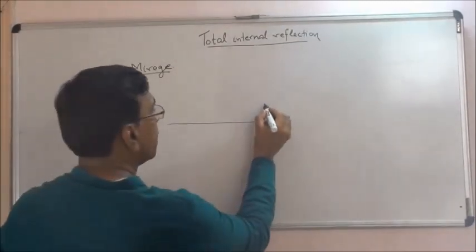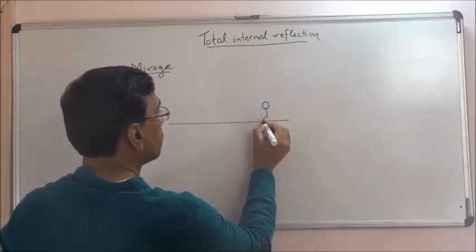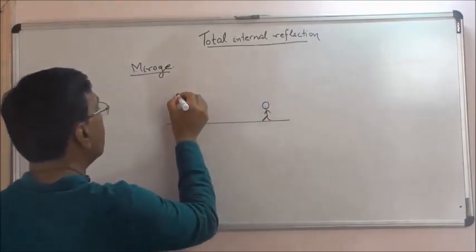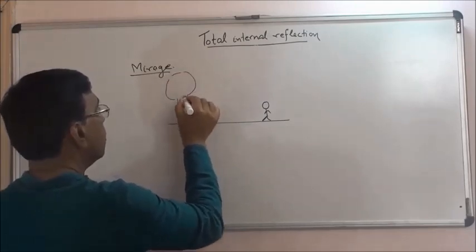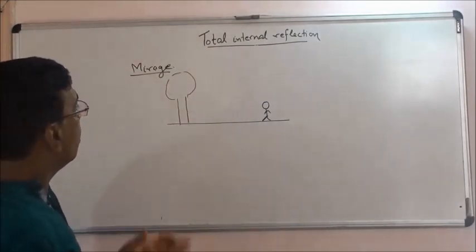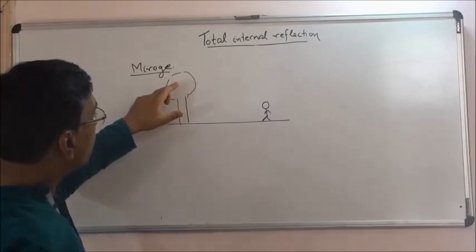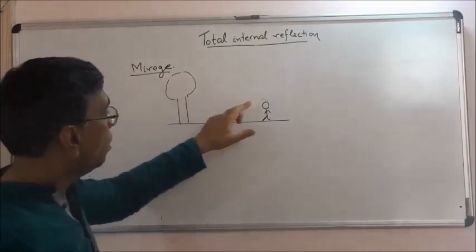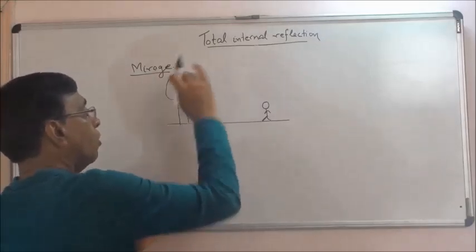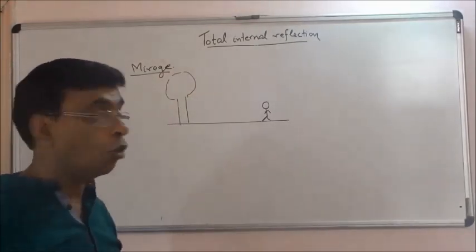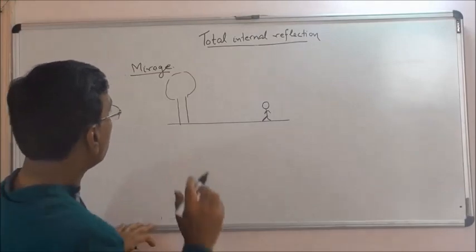So if we are standing here, okay, and there is some object here. Let me take a tree. Now how the light rays from this tree will reach to your eyes, because now the refractive index of all different layers of air is not same. So I am taking just one or two rays.